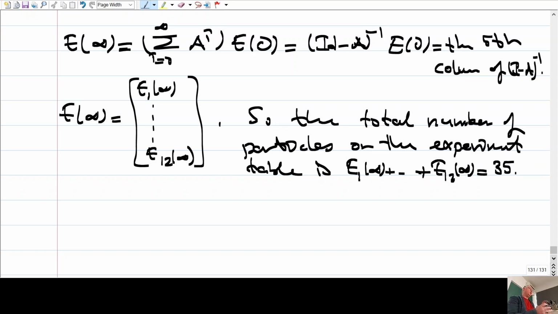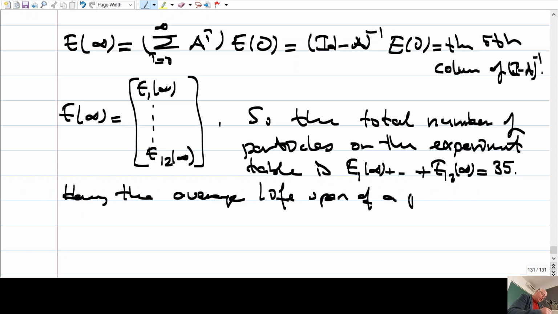It means each particle has a lifespan of approximately 35 seconds, so that the number on the table becomes stationary at 35. Hence, the average lifespan of a particle is 35 seconds.